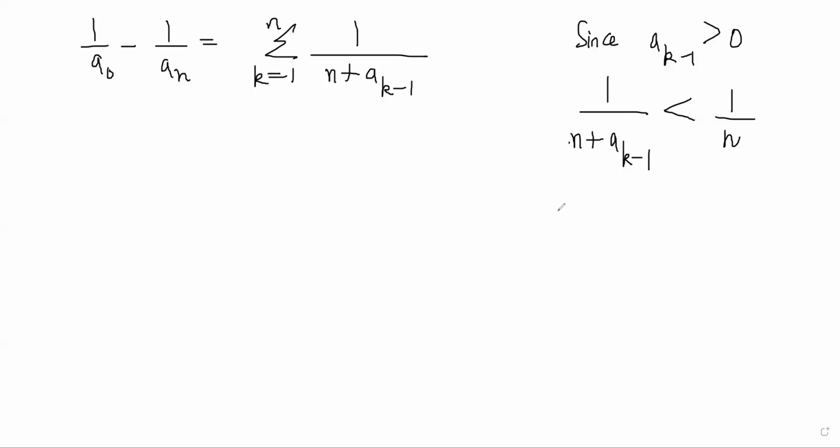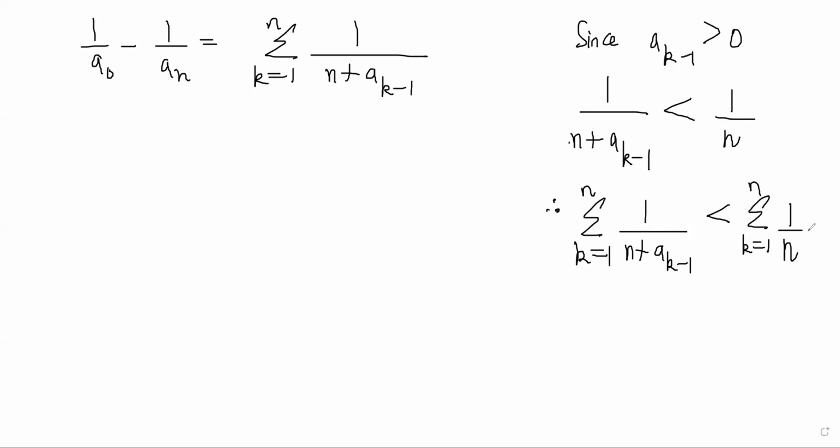Therefore, summation of k from 1 to n, 1 by n plus ak minus 1 will be less than summation of k from 1 to n, 1 by n, which is equal to 1. So this tells us that we have 1 by a0 minus 1 by an is less than 1.